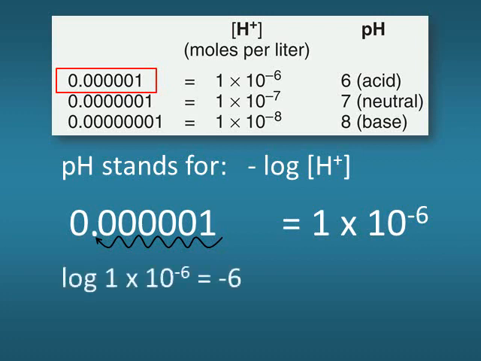Now, the log of 1 times 10 to the negative 6 is simply the exponent on that number 10, negative 6. Therefore, the negative log would just be the number 6. And therefore, that's how that concentration of 0.000001 moles of hydrogen ion per liter gets transformed into a pH of 6.